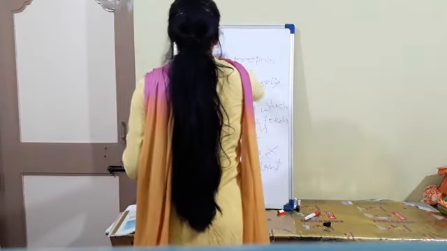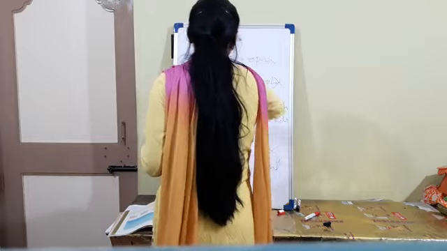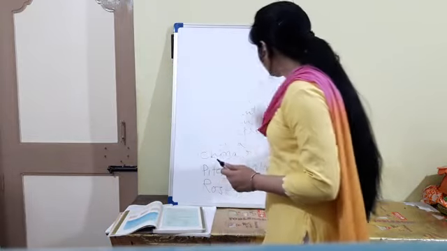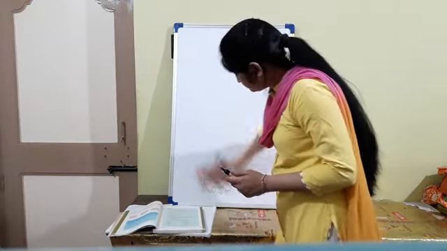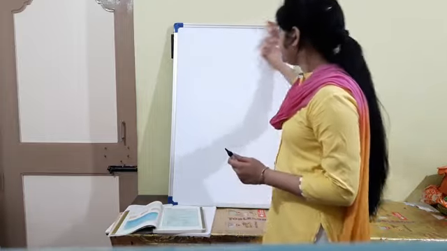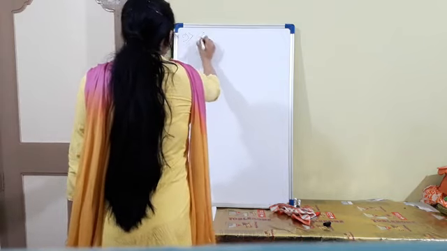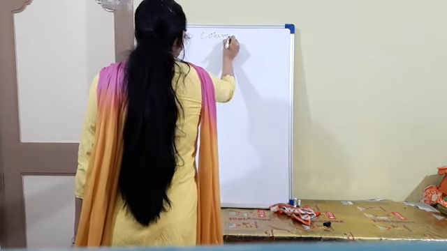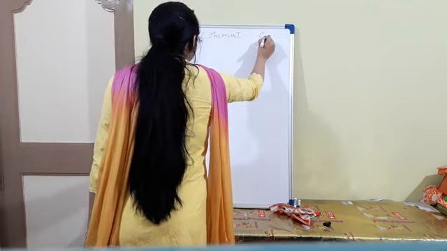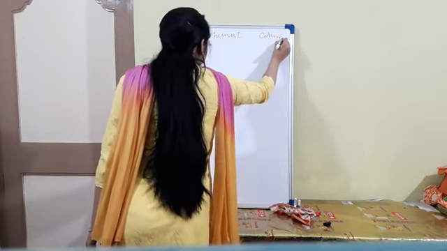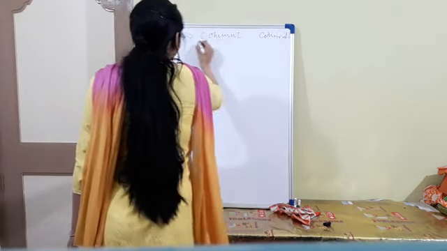Next, in question number 9, there is a matching question given. You have to match column A with column B. In question number 9, there is a matching of column 1 and column 2.